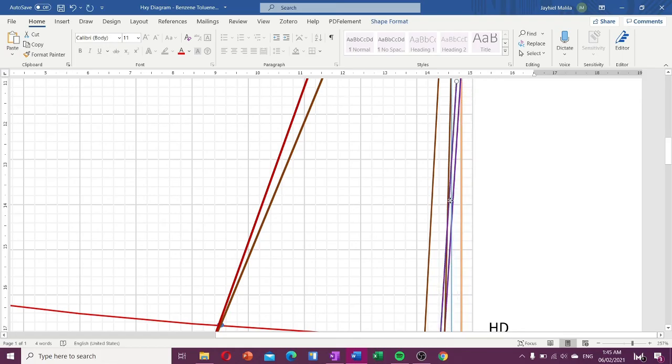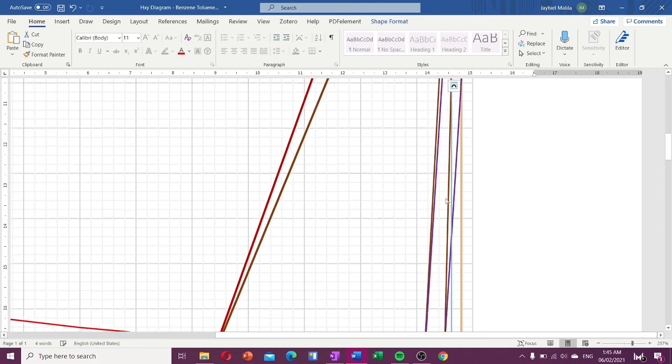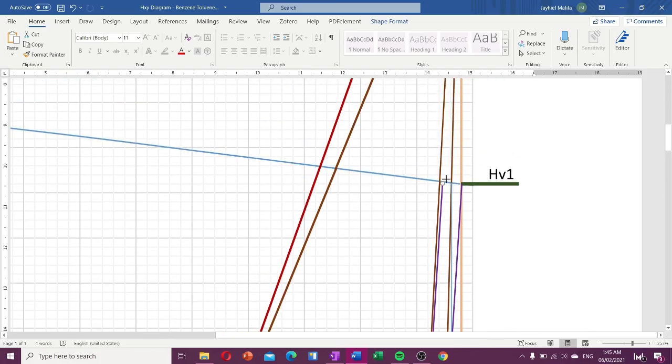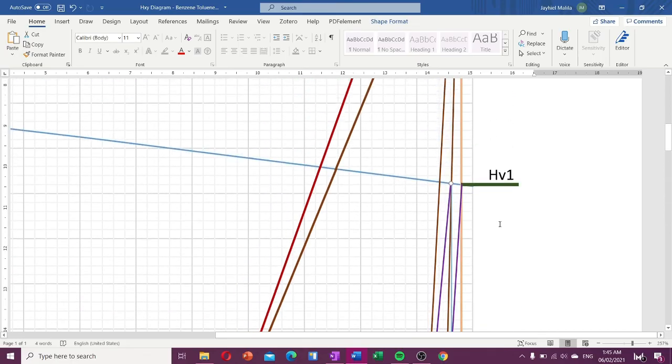What makes it look effortful is the fact that I'm doing it via Microsoft Word. So I would really encourage you to do it manually, not the same thing as mine. We have located this point already. This is the Y3.